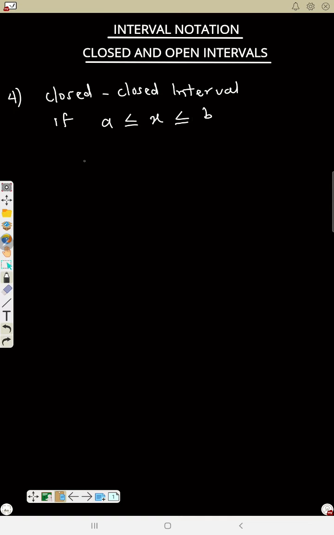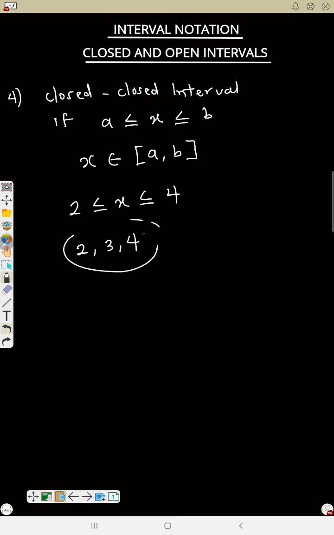To represent this, we can say s is a member of [a, b], I'll use this to show it's closed at both ends. So if I have something like 2 is less than or equal to s is less than or equal to 4, that means I'll start with 2, then 3, 4. So I'm including the numbers, so they are part of it. So that's how we can represent the notation.